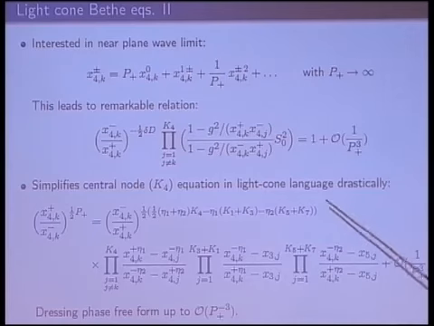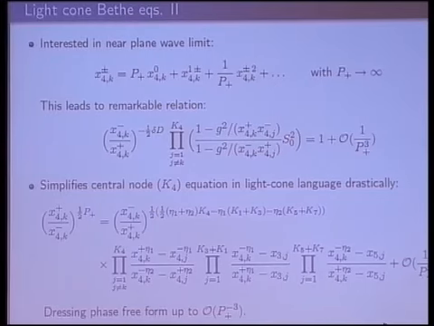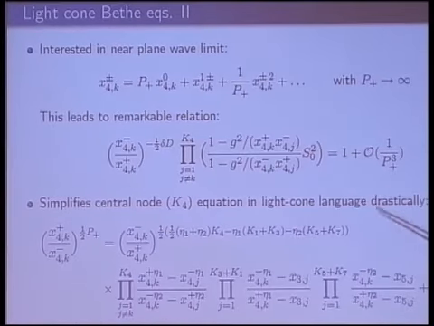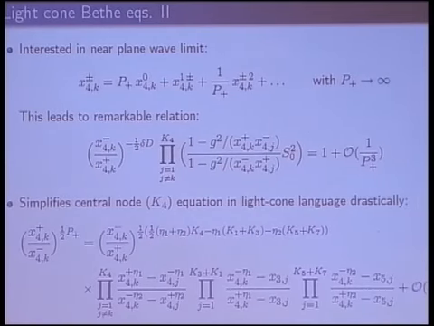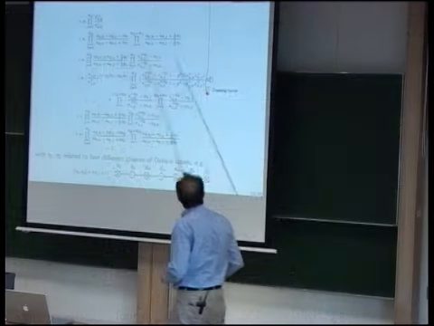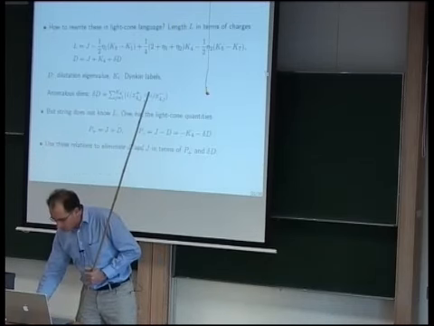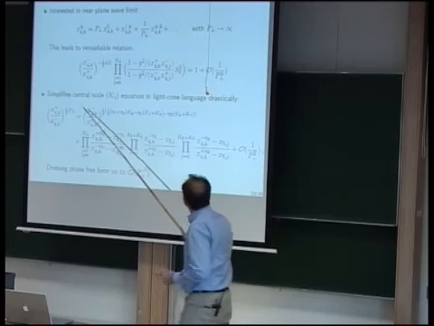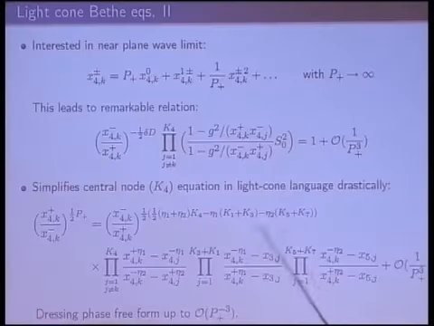But using this rewriting, then although it doesn't look that way, the central K4 equation simplifies drastically. Because what I lost is this dressing factor piece here, and I also lost these 1 minus 1 over G terms, which it's unfair because they're much smaller, but these terms are gone and these terms are gone. And I get a couple more shifts up here. So this is then the set of equations you have to solve in order to find the energy shifts.